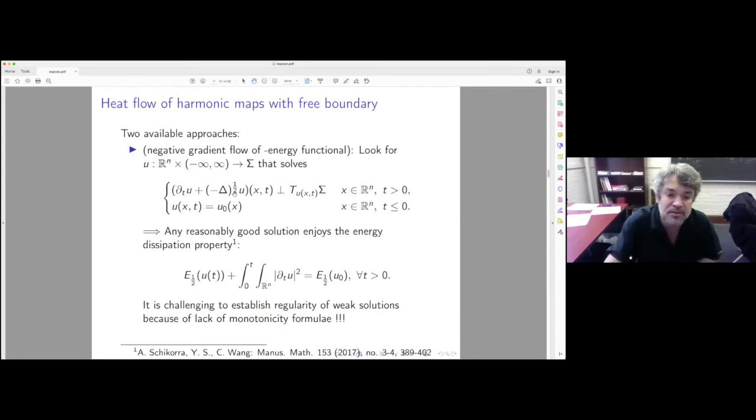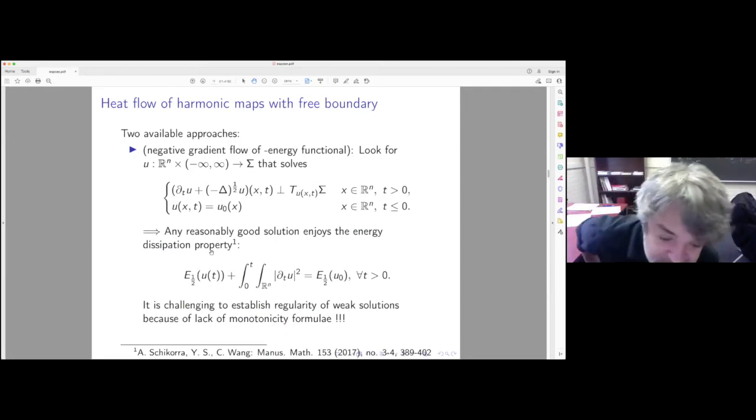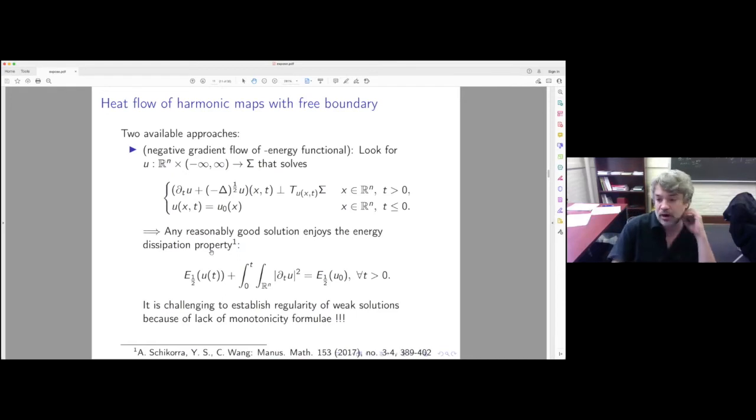The problem is that this flow is dissipating and so on, but it has no, not that I'm aware of, I should say, monotonicity formula. A major tool in all of these geometric variational problems, one way or another, is to get some monotonicity.